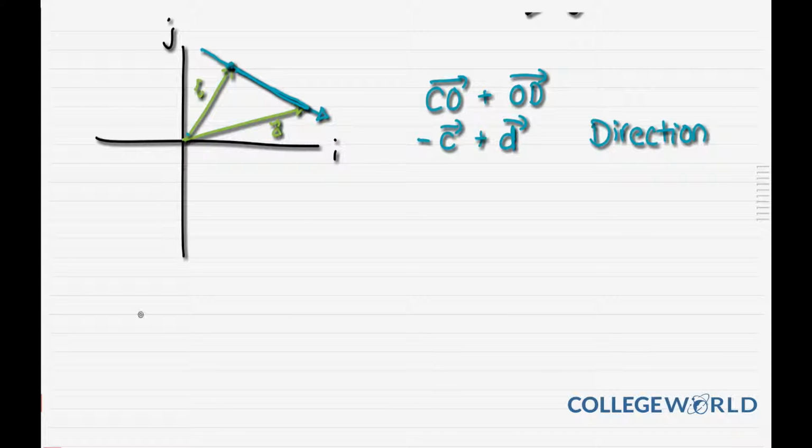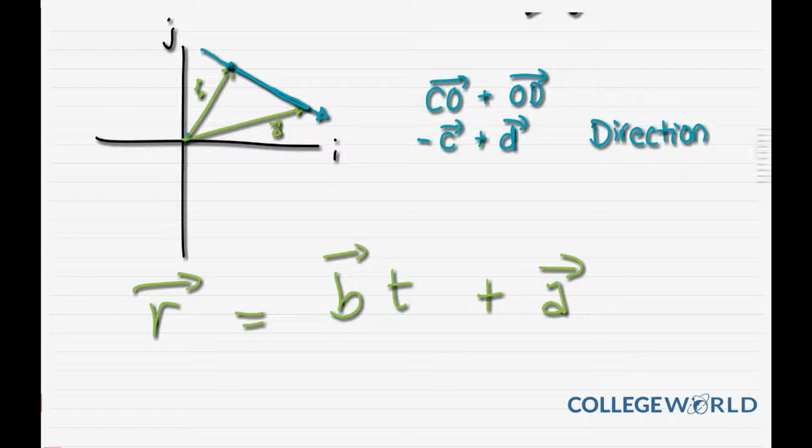If you want to write your straight line equation that we have learned for this chapter, r equals bt plus a, where b is something parallel to it because it's an indicator of direction. Here our b is going to be D minus C, because that's our direction.